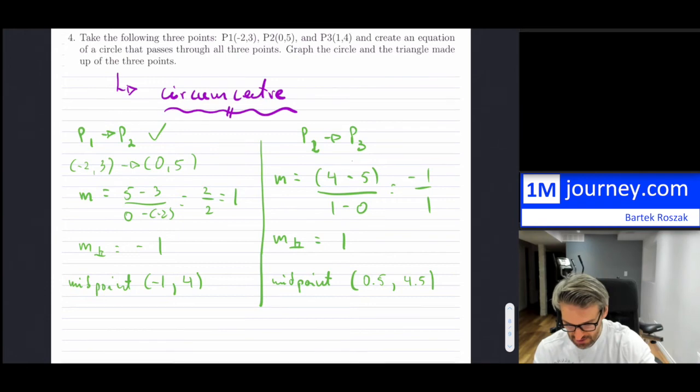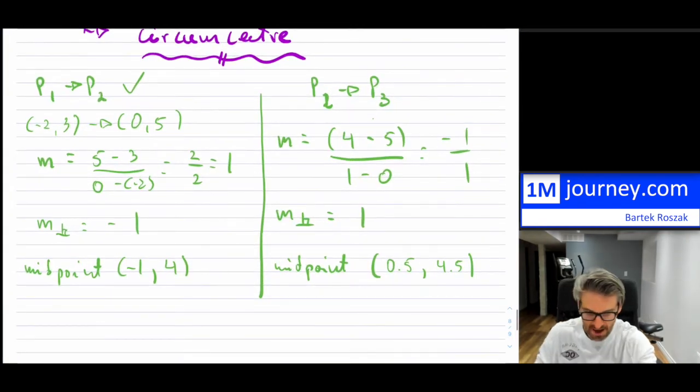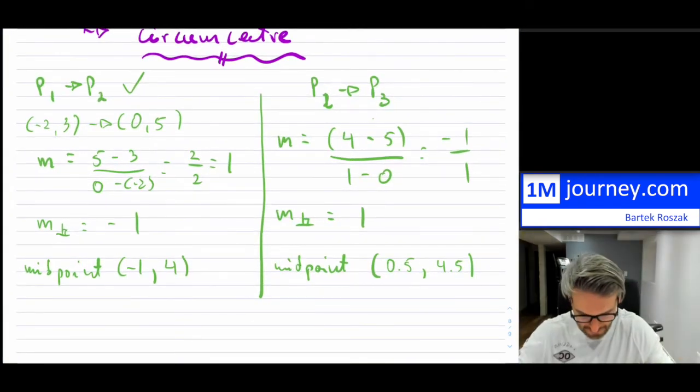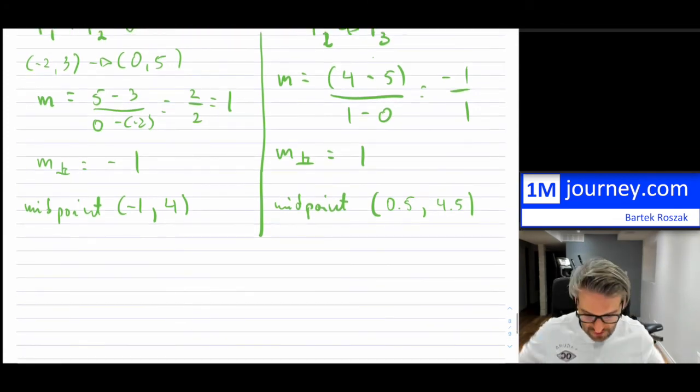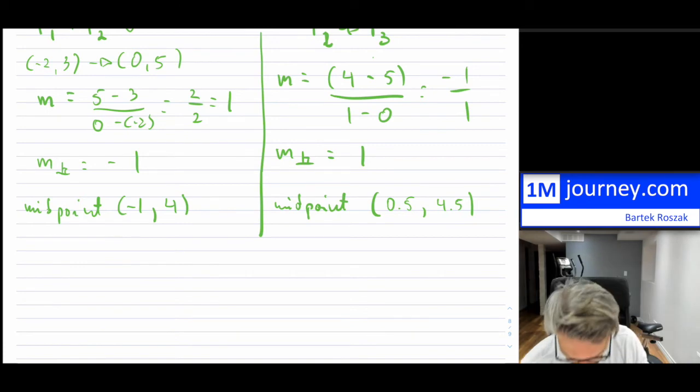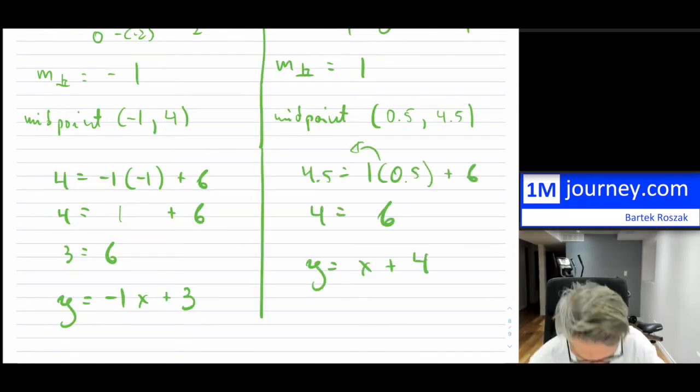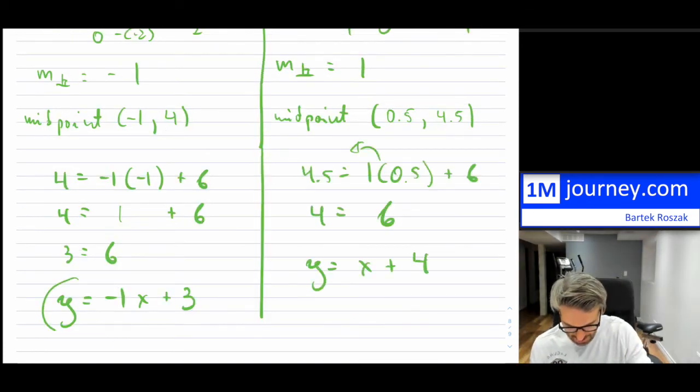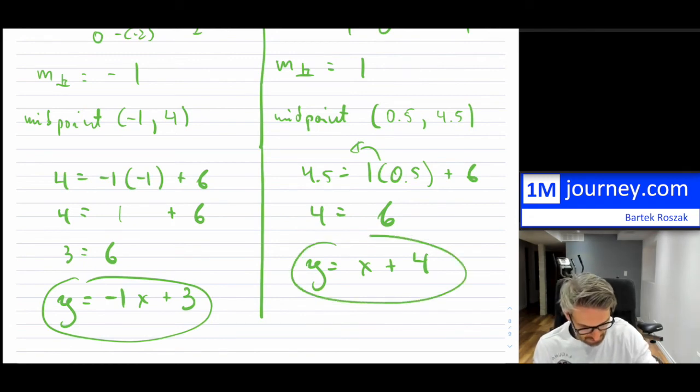Okay, so now let's find the actual equations here. I'll find the intercepts. Let me do that in fast forward fashion. Here are our lines. These are perpendicular bisectors.